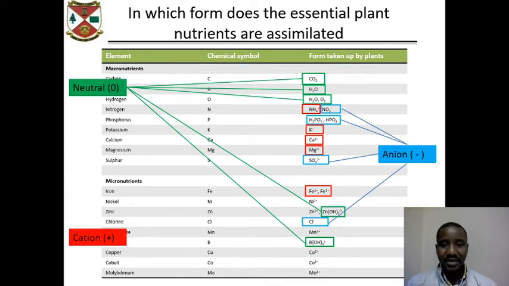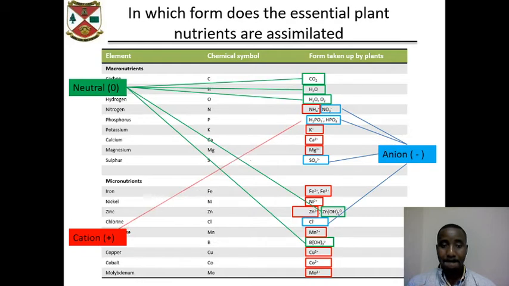Both of them carry a positive charge, and that makes them cations, cations for positive. Then nickel ion is a cation because it carries a positive charge, okay? Zinc is a cation, manganese is a cation, copper cation, cobalt cation, and molybdenum a cation.